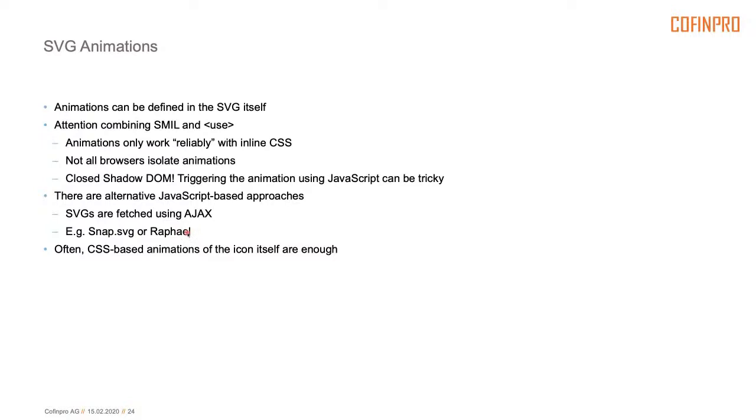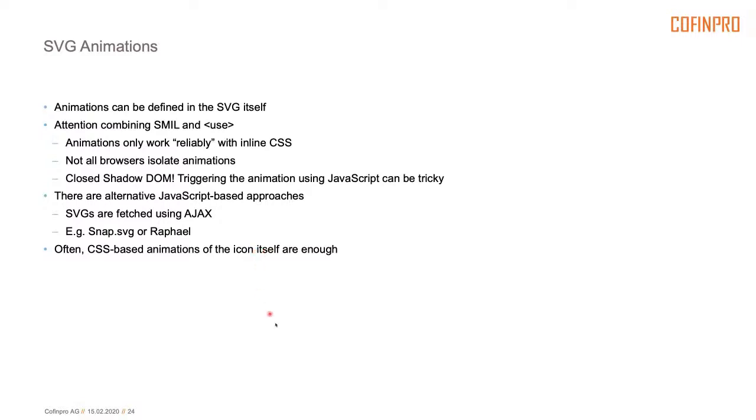Yeah, but if you do not have some requirements like we had today, like sticking or animating a certain part of a certain SVG, you might be well equipped with just basic CSS-based animation of the icon itself, so that you do not ship the animation with the icon, but just add the animation on top.